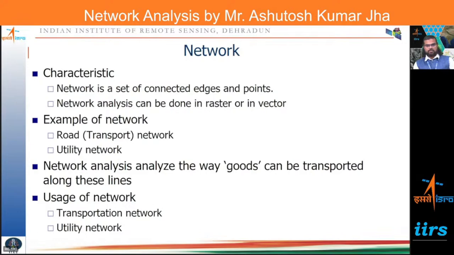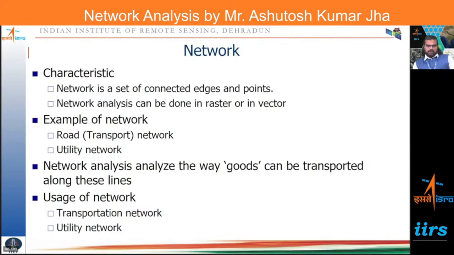But in most cases, we carry out network analysis on the basis of graph theory, and we consider all these point and line vectors as unique components. Then we carry out different types of analysis, like finding the shortest distance and the connectivity matrix. So second-level or third-level information can also be extracted, apart from just finding the route and distances.